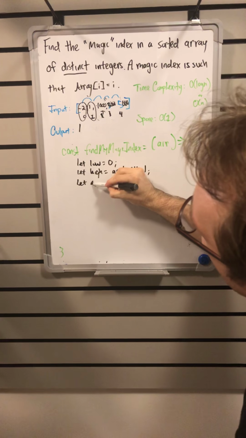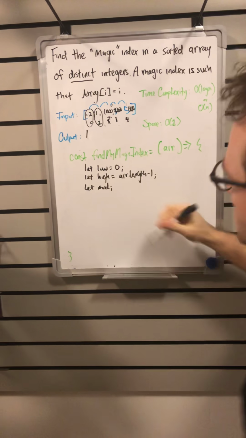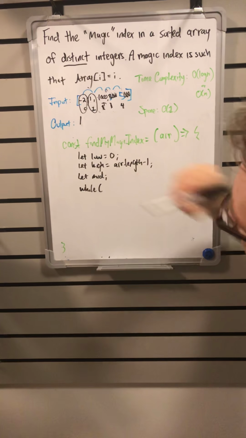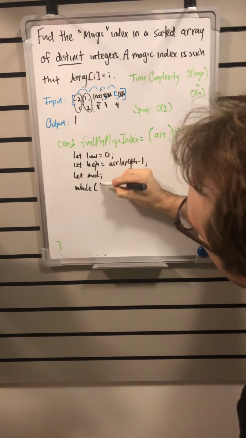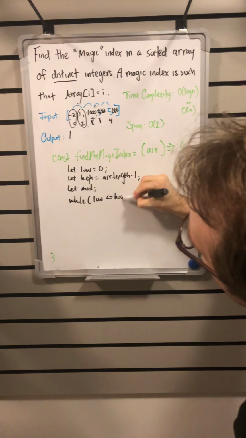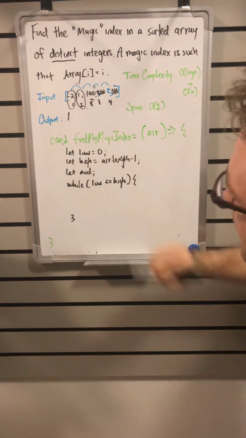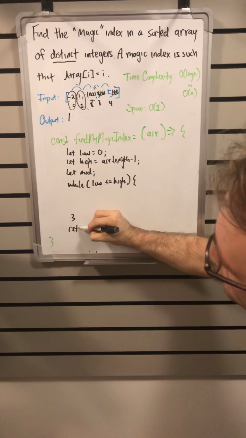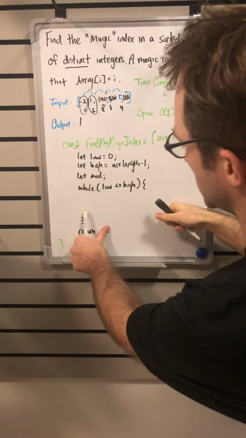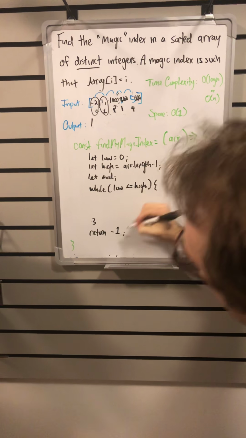We can just create the variable mid here, it doesn't matter if we create it here or inside of our while loop. And now we're going to get into the while loop. And we're going to say, while our low is less than or equal to our high, and remember, if all else fails, return negative 1.